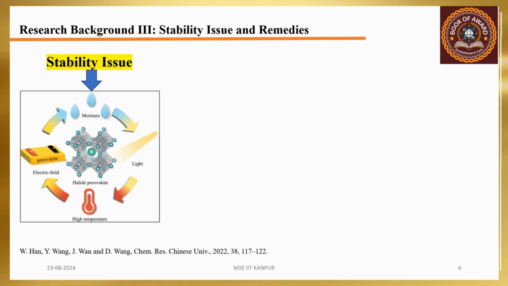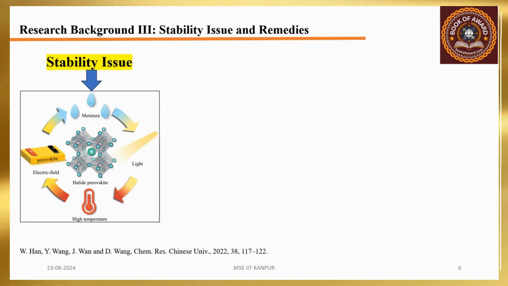At high temperature, organic materials or molecules of perovskite are unstable, due to which it has low thermal stability. And a high electric field is sufficient to migrate the ions of perovskite material, due to which it has low electric field stability.